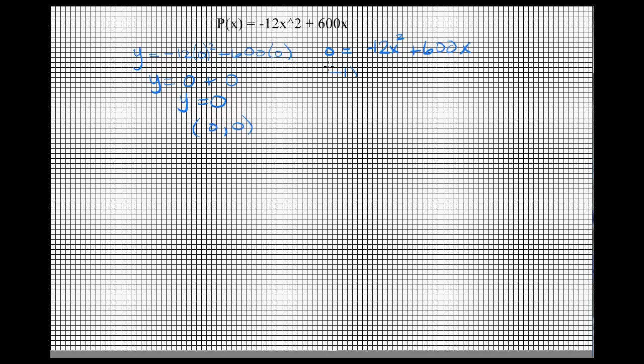Minus 1 times 0, and minus 1 times minus 12x to the second power plus 600x. So this becomes 0, and this becomes 12x to the second power minus 600x. Now let's remove a greatest common factor, which is 12x.